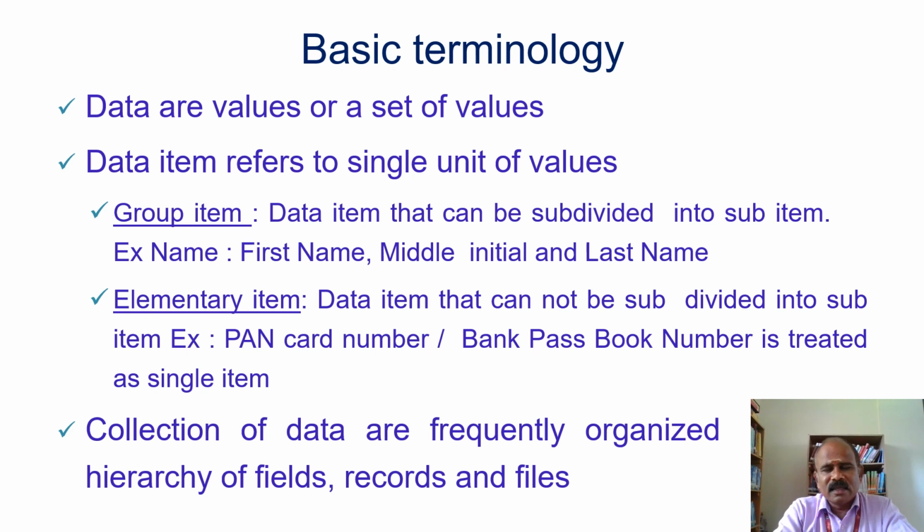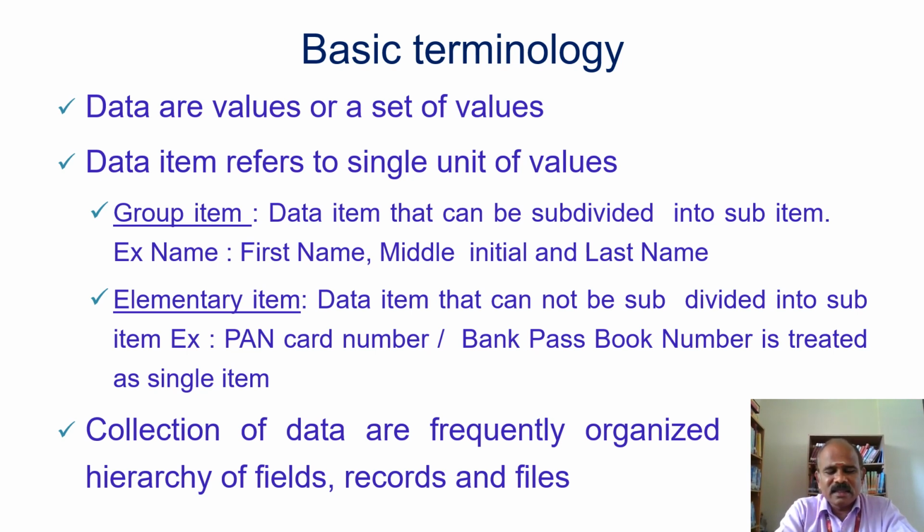Like that, you can perceive any data as a collection of some data items. If you take a computer, it has 3 different parts: monitor, keyboard, and the CPU. Likewise, every group data item will have multiple sub data items.